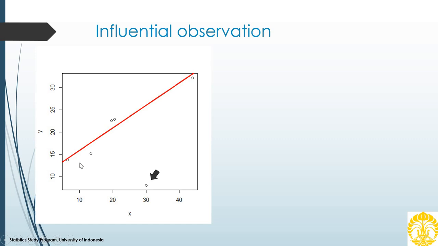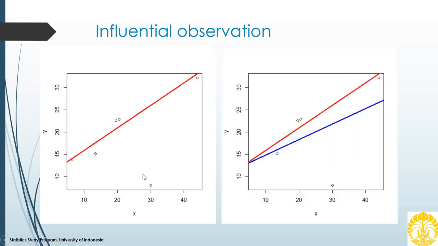Because of the principle of the regression line with the ordinary least squares method of estimating the parameters, it wants the line to be in the middle of the data points. So this red line is based on just 5 data points, and if we put this one point here, then the fitted line is the blue one.